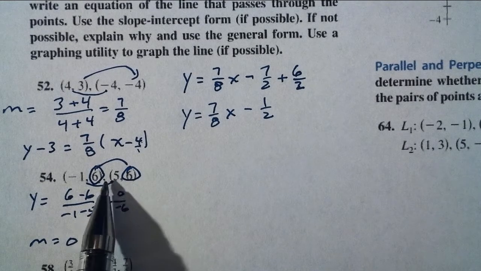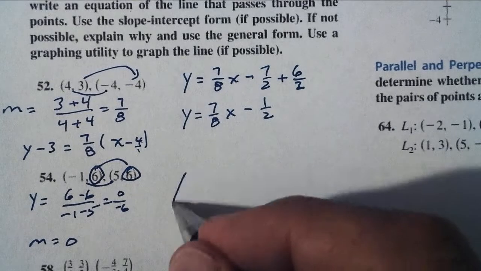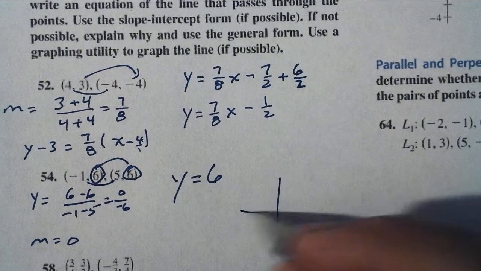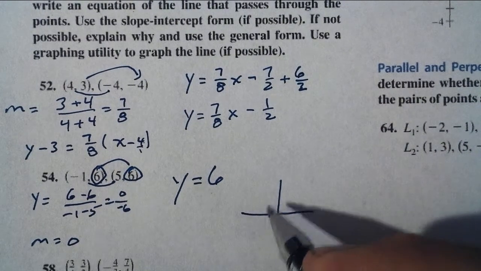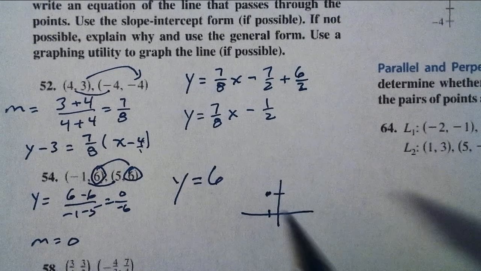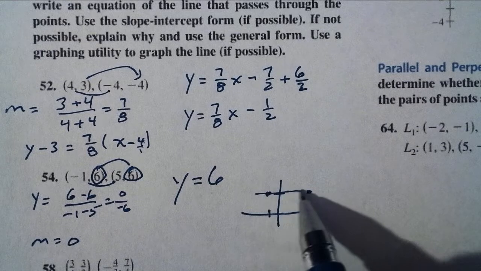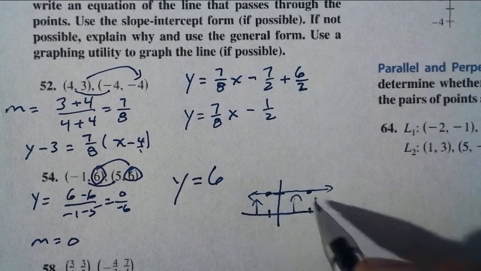No matter where I go on this line, the y value is going to equal 6. There's our equation: y equals 6. Let's see if that makes sense. Slope is 0. We're going through negative 1, 6, and we're going through 5, 6. Yep, the slope is 0, and all the points are up at 6.